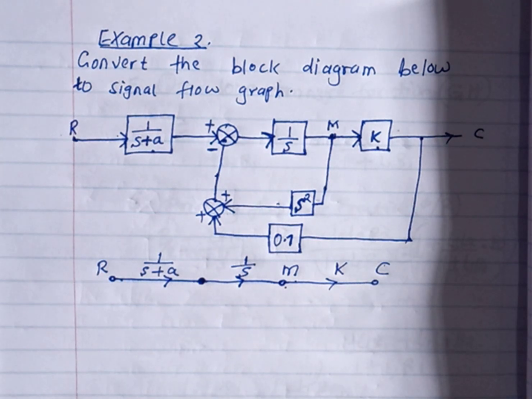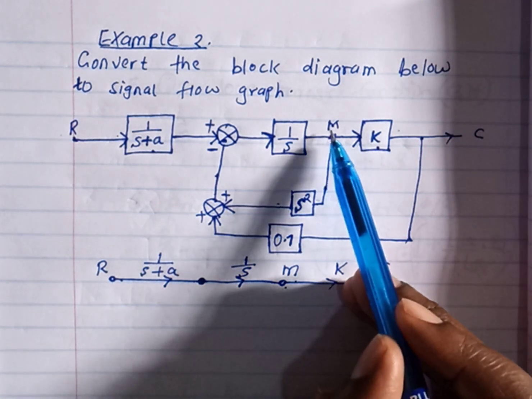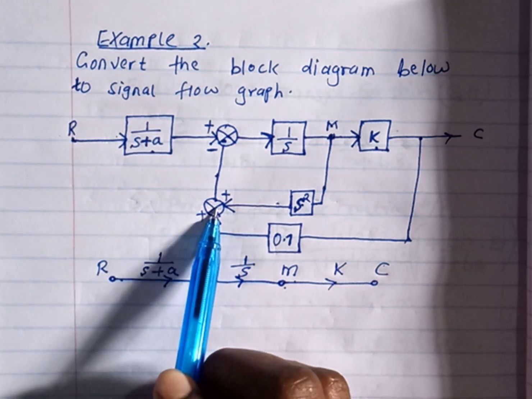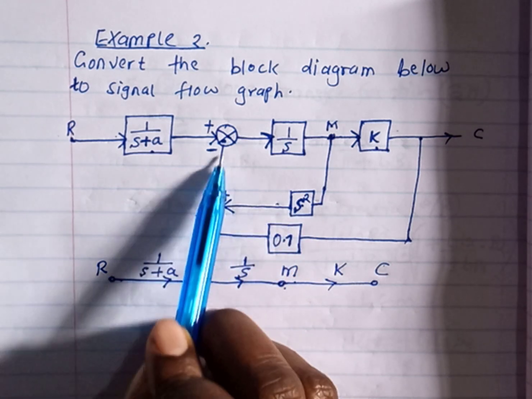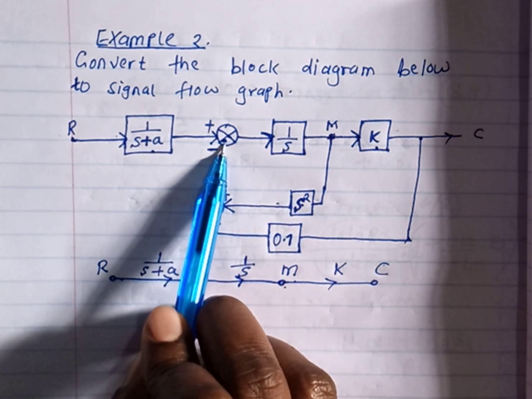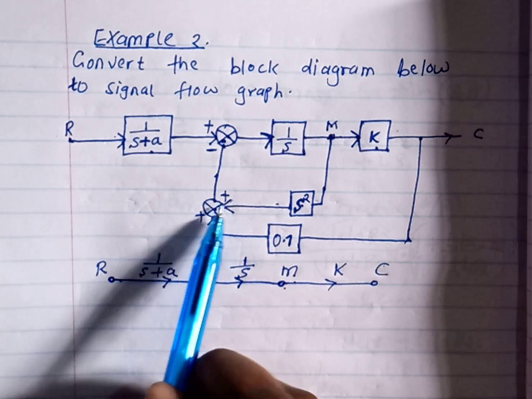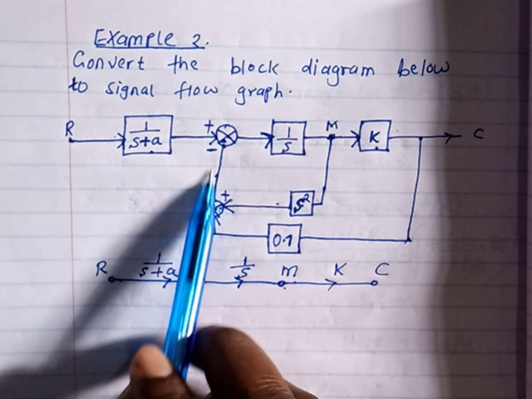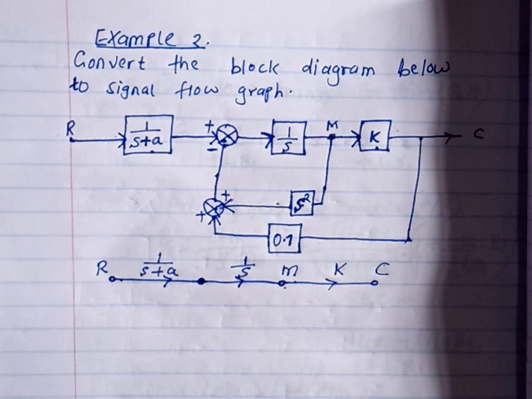From this point M, I'm having this block coming towards this summing point, and from this summing point, I'm having the same block coming towards this summing point. So I don't need to include this summing point here. I can just plot this one direct to this one, because you can combine summing points.